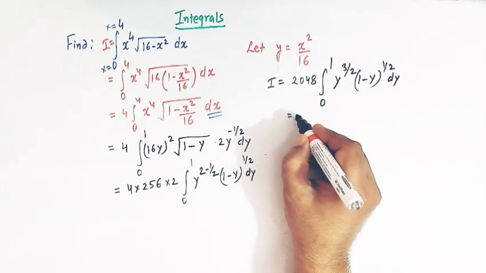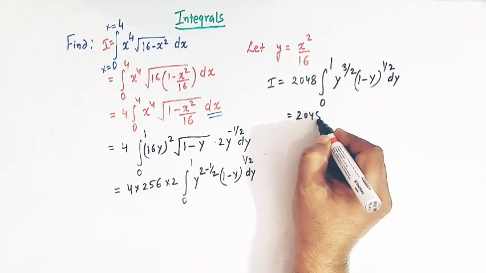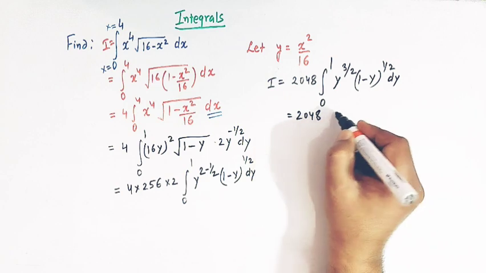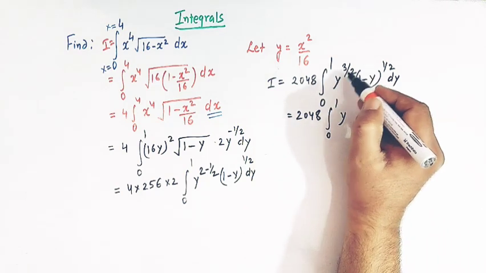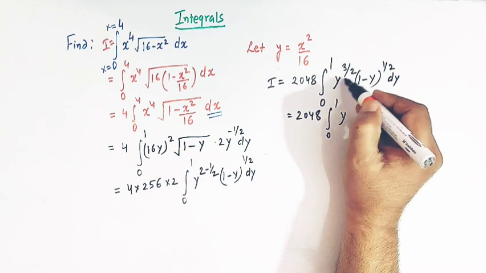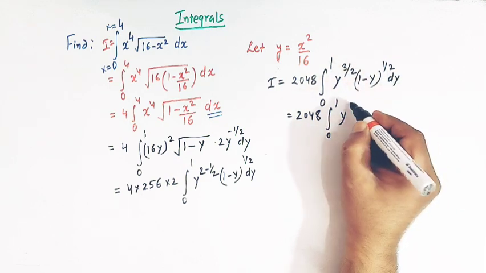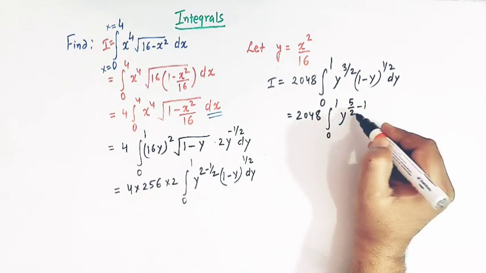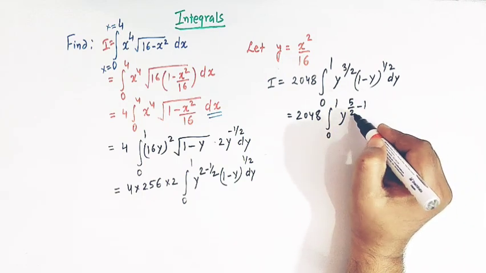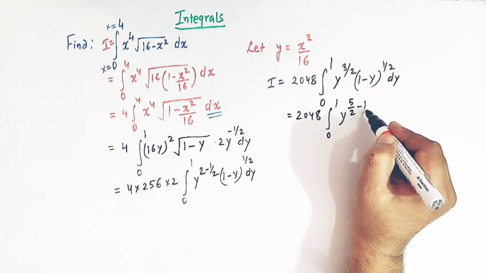Okay, now we'll write it like this: 0 to 2048, then we have 0 to 1, and y raised to 3 by 2. Now we can express 3 by 2 as 5 by 2 minus 1, right? Why are we writing this as 5 by 2 minus 1?